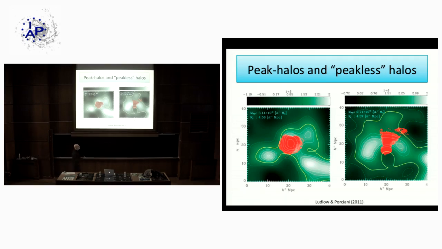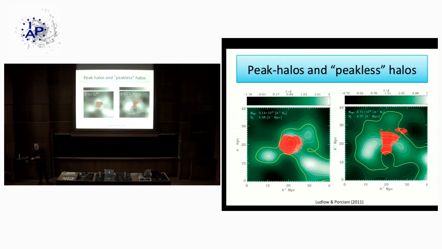They tend to be more saddle points in between peaks. Now, if you reduce the smoothing scale, you actually find a peak also there, but on much, much smaller scale. So it seems that there are some regions that manage to accrete much more matter than expected by the spherical collapse model. And what typically happens is that if you look at very, very massive halos at a given epoch, they tend to be of this kind.